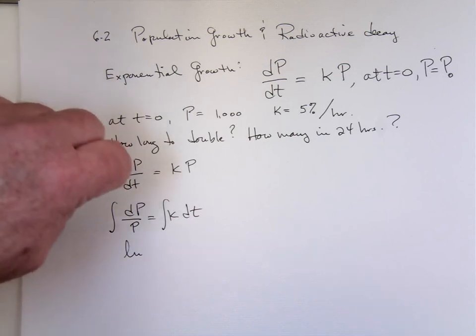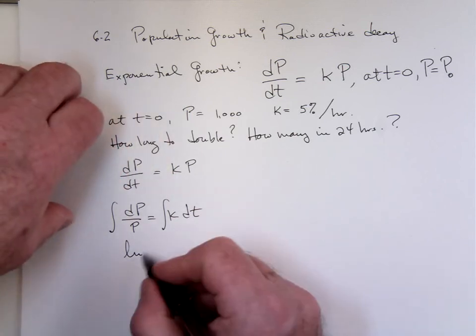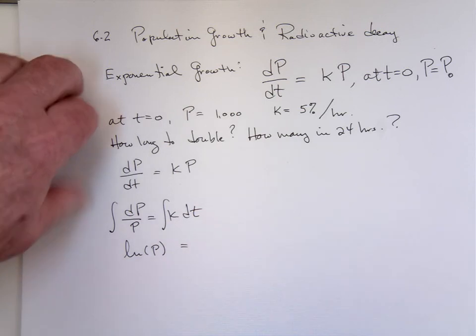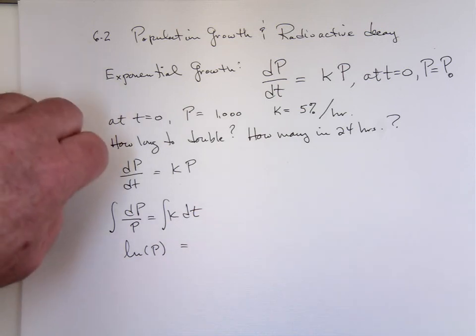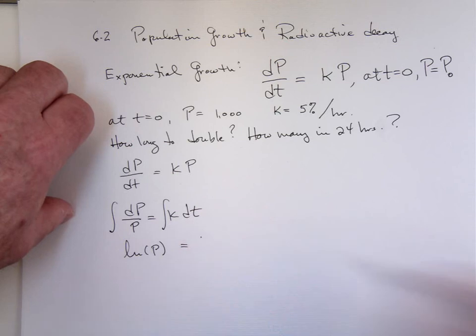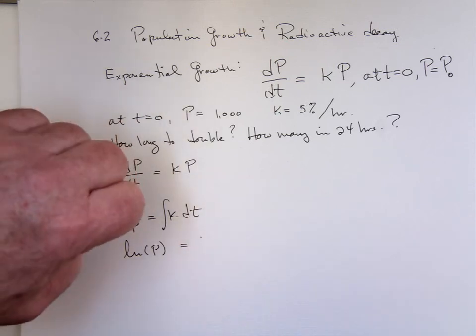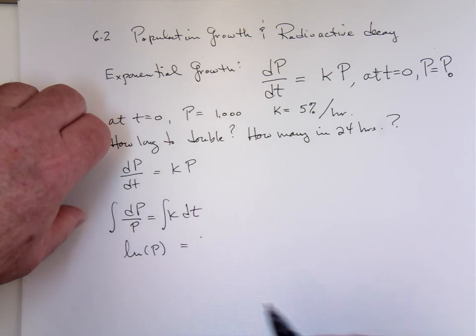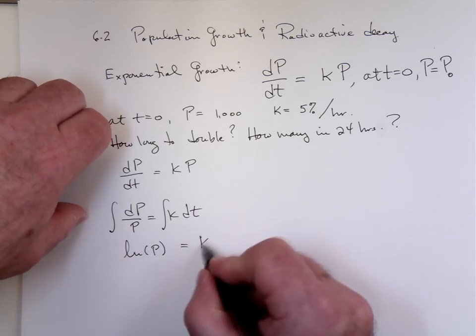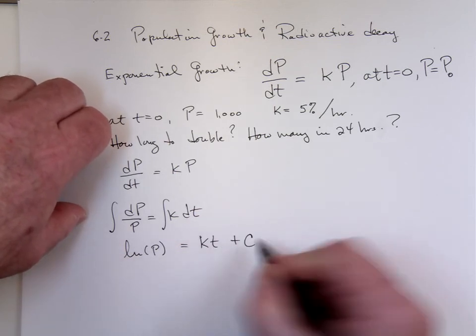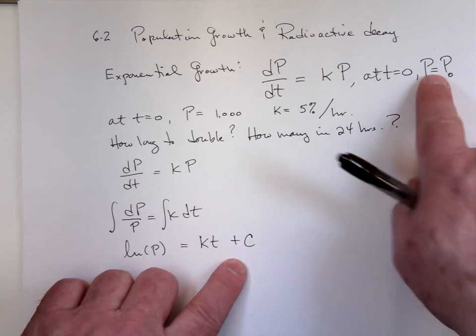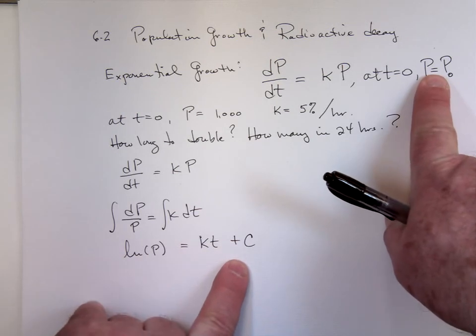And that's equal to the integral of k dt, where k is a constant and t is a variable. You can take the constant out front: kt plus c. That's what we have. Now we're going to solve for c by using the fact that at t equals 0, p is p sub naught, the initial population.